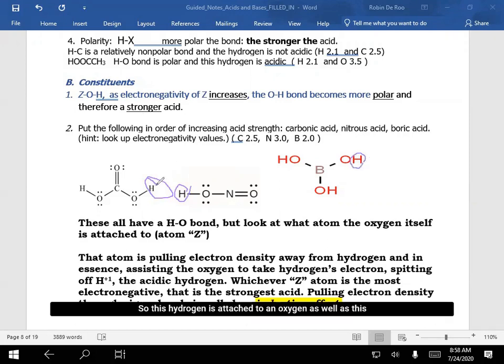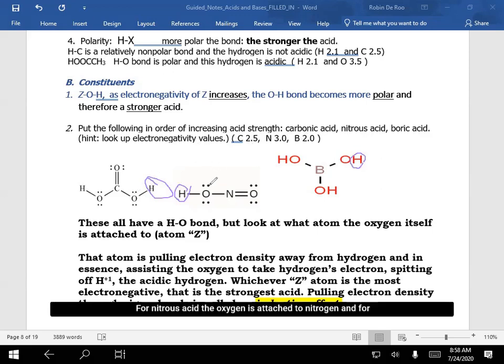So this hydrogen is attached to an oxygen, as well as this hydrogen attached to an oxygen, and this hydrogen attached to an oxygen. We just said that you can look at the atom that the oxygen is attached to. So in this case, for carbonic acid, the oxygen is attached to carbon.